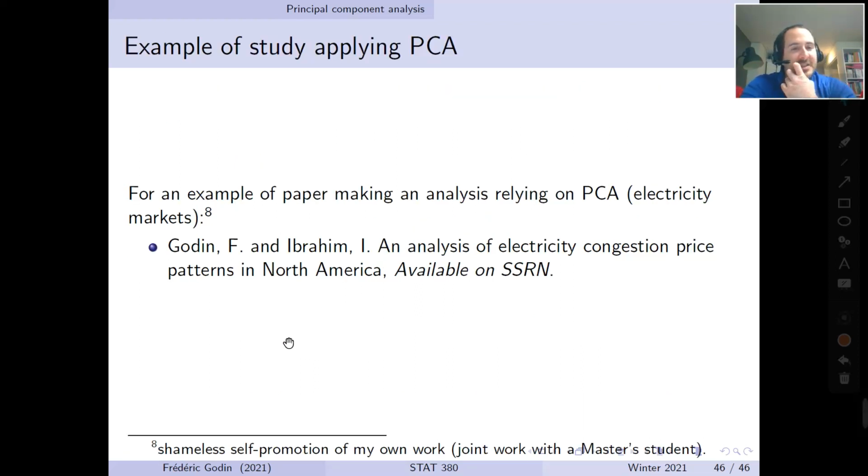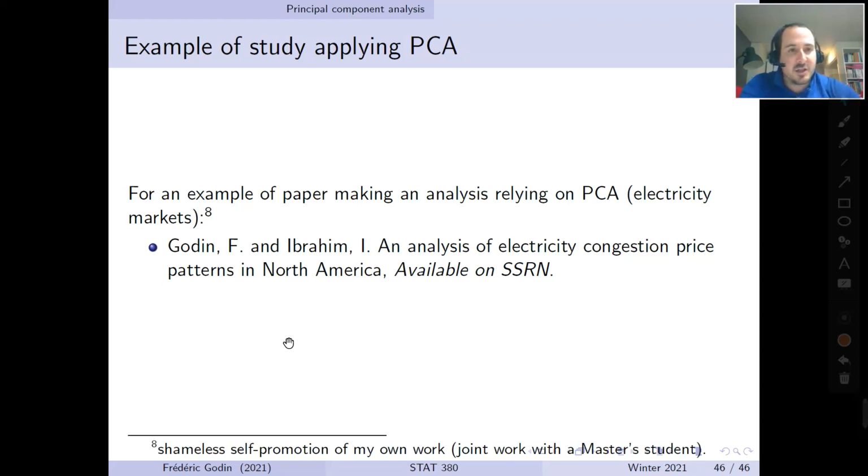So finally, I'll end this chapter by presenting a reference, which is a paper I co-wrote with a graduate student at Concordia. This paper presents an analysis of a topic called congestion patterns in electricity grids, and it basically uses principal component analysis to identify congestion patterns in electricity grids.